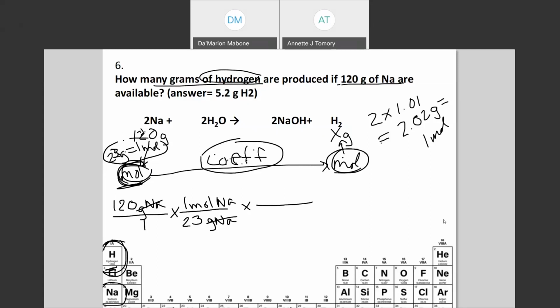Coefficient. That's right. So what's the coefficient of Na? 2. So I'm going to put 2 moles of Na on the bottom because I want the moles of Na to cancel out. I'm trying to get to hydrogen, right? I need to get to moles of hydrogen. So I have to use the coefficient of hydrogen. What would that be?